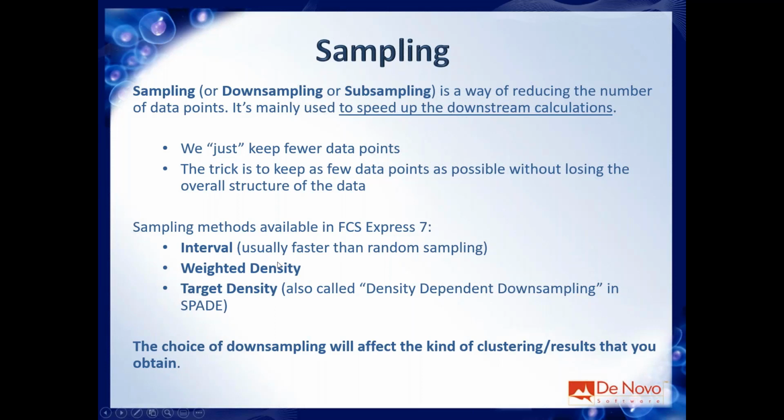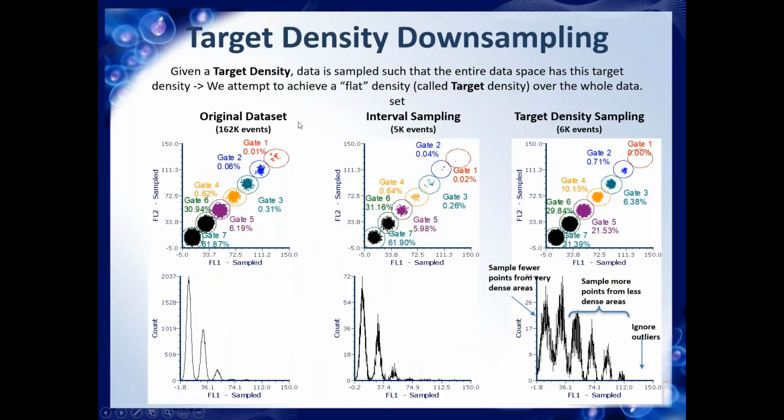So in FCS Express, there are different ways of performing density-dependent downsampling. The one used by SPADE is called target density, or in the SPADE paper, it's just called density-dependent downsampling. And here is an example. So this is a fake data set. It's just an in silico generated sample in which I've added different populations with decreasing frequency.